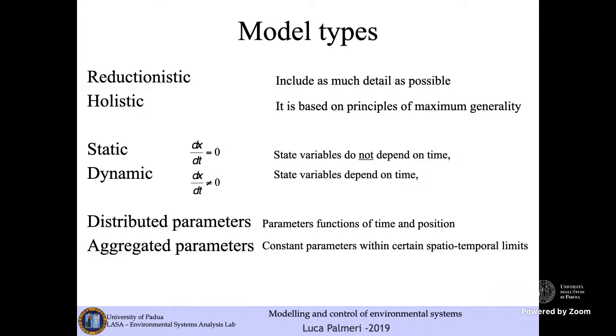So you start building a reductionistic model, then when the complication becomes very high, you employ the tool of statistical mechanics, and then, as you may recall from your early physics course, there is a way of passing from the statistical mechanics description to the thermodynamic description, which is typically a holistic approach.